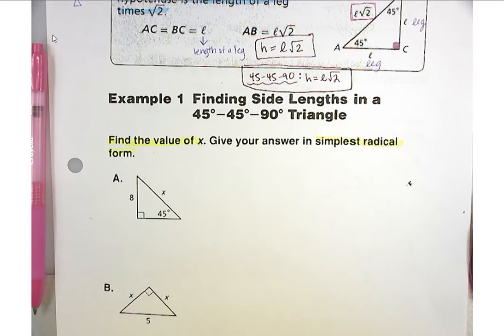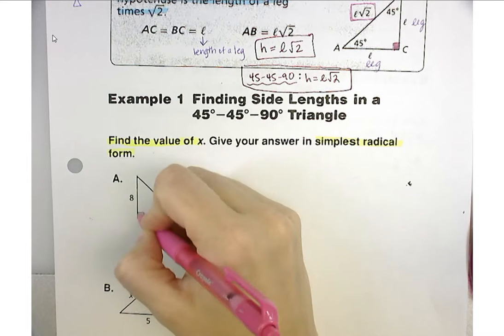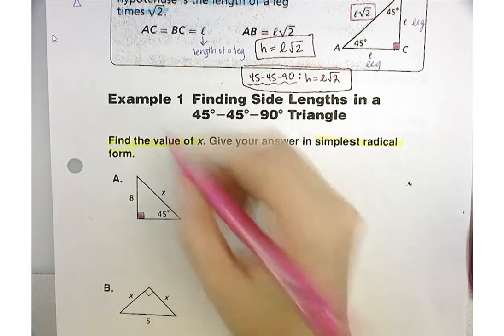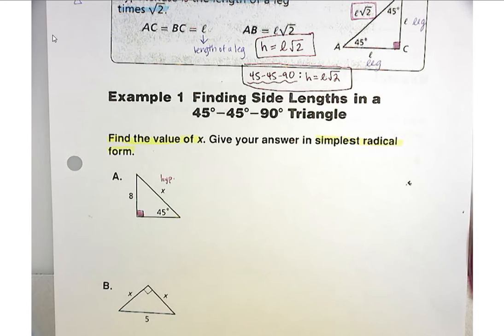It's the biggest side. Okay, and it's across from the right angle. Yes, okay, so your hypotenuse is going to be the longest side. For this one, we have x and 8, so technically we wouldn't know which one is longer. So, but we can always use the right angle. So because x is across from the right angle, this is going to be our hypotenuse. In a 45, 45, 90, the other two have to be what?